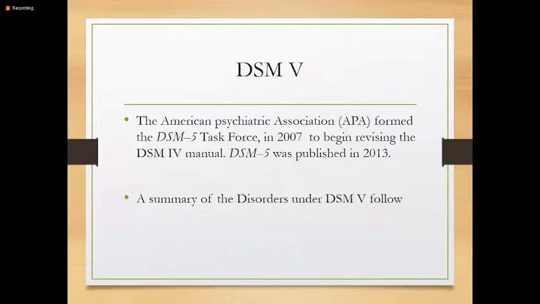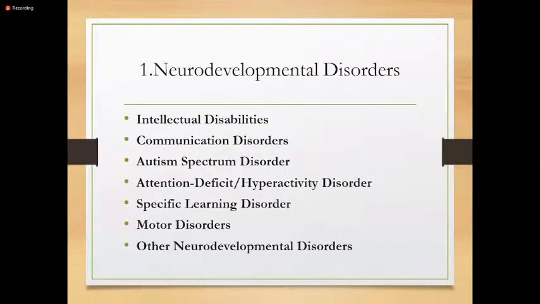So I'll give you a quick rundown of the disorders of DSM-5, some of which we may have talked about. The first group of disorders is the neurodevelopmental disorders. In DSM-4 these used to be called disorders occurring first in childhood. Now we call them neurodevelopmental disorders.